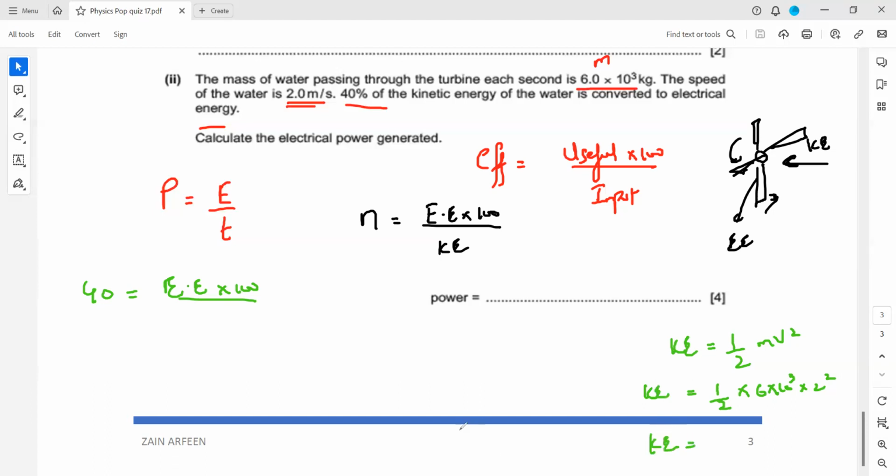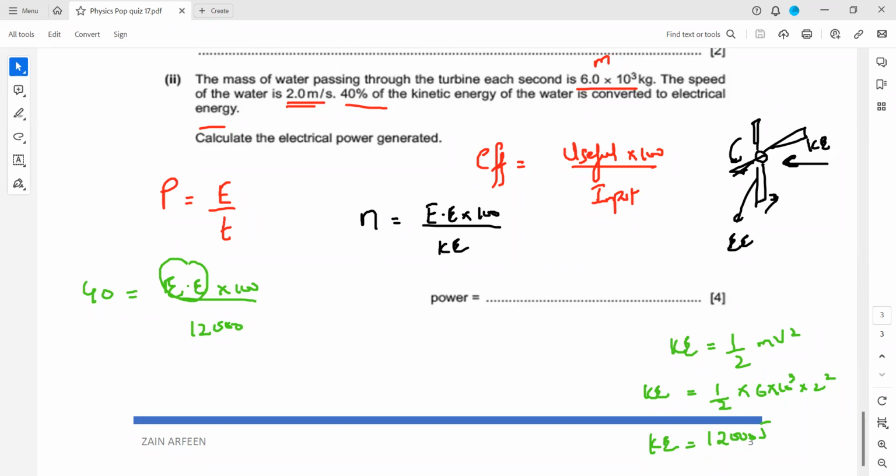What is the kinetic energy of the water? Using the formula half mv squared, that is 12,000. So that is equal to 12,000 joules. Now we need the electrical energy, because from electrical energy we'll find the electrical power.